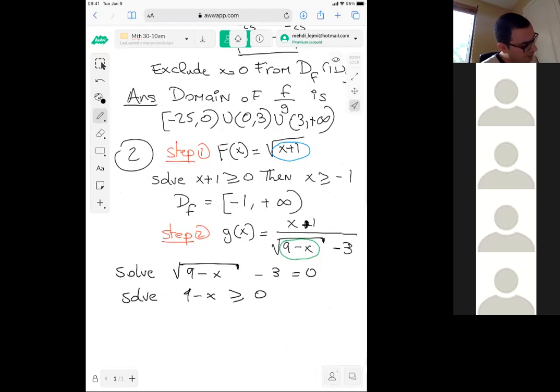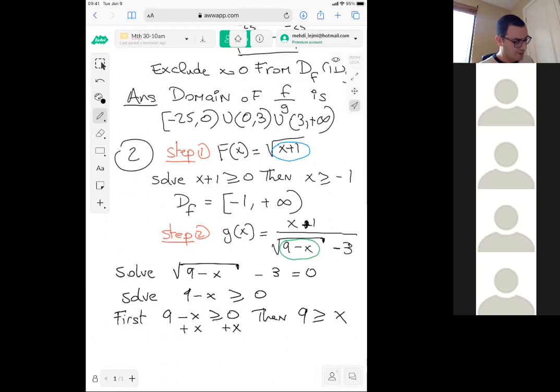So first, let's say you solve the 9 minus x larger or equal to 0. So if you do plus x, then 9 would be larger than or equal to x. So the number x must be less or equal to 9, right?